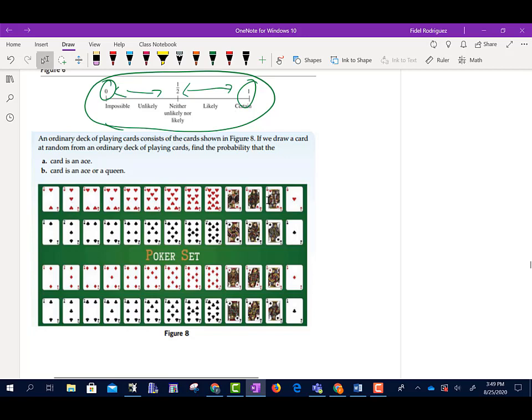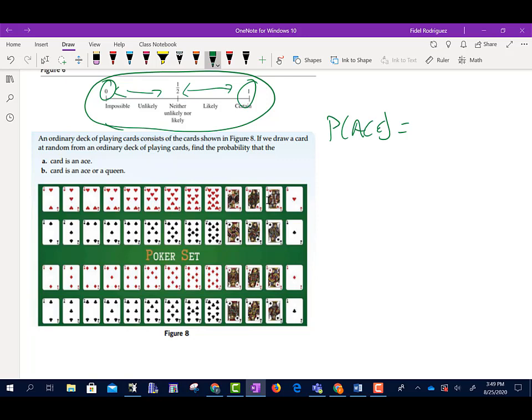So let's take a look here. It says an ordinary deck of playing cards consists of the cards shown in the figure here. If we drew a card at random from an ordinary deck of cards, find the probability that A, the card is an ace. So let's do it like this. The probability that we're going to get an ace.